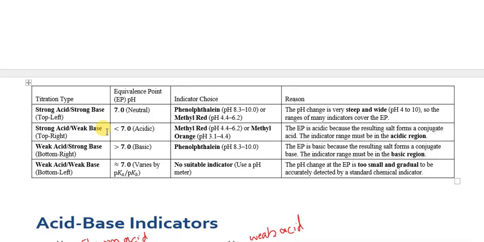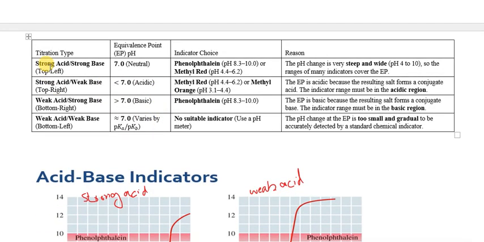That is the selection of indicators in tabular form for strong acid and strong base. When pH is 7, the most suitable indicators are phenolphthalein and methyl orange. The range of phenolphthalein is pH 8.3 to 10, and methyl orange is 4.4 to 6.2.